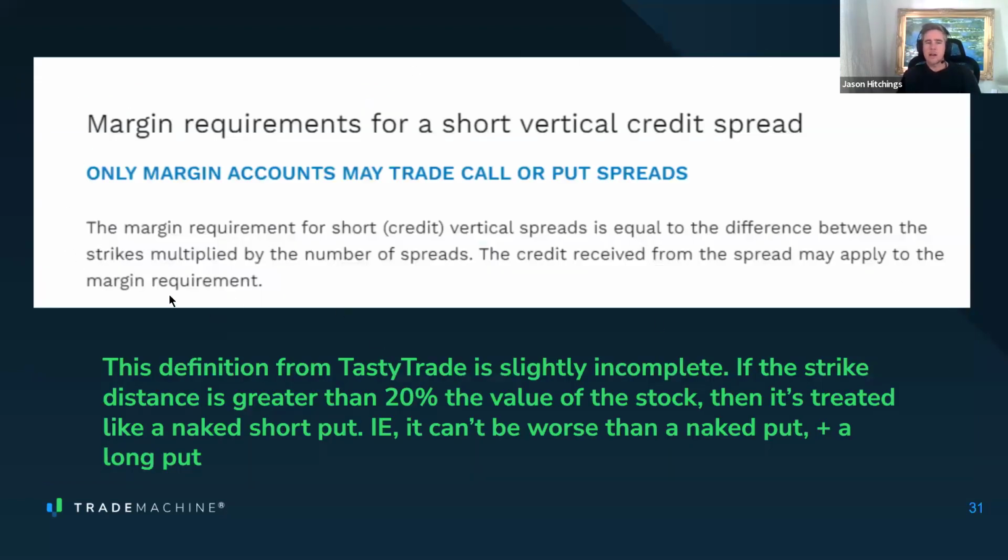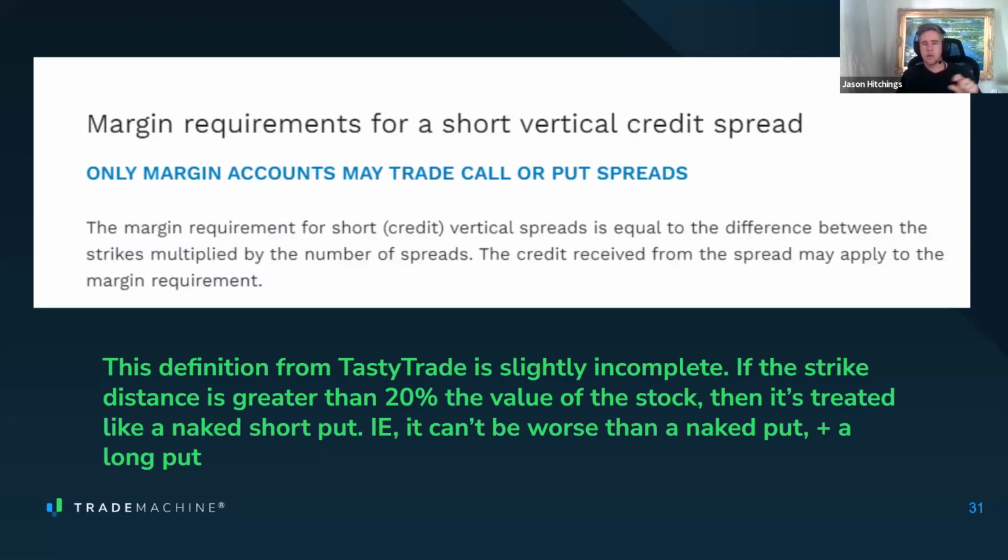The one caveat that's not included in this small write-up is the fact that it will never be worse to have that protective put than it would to be short a naked put. So if the stock's trading at 120 and you sold the 100 level put, and then for catastrophic protection you bought back the 50 level put, they're not going to have you at risk $50 because it won't be more than 20% of the value of the stock.